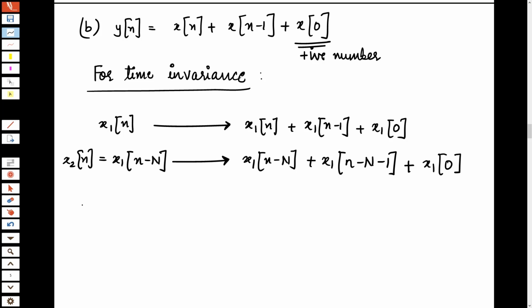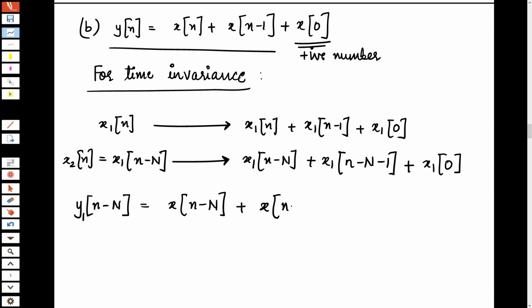right? But at the same time, if you try to write y1[n-N], what would that be? Replace n with n-N everywhere. You would have got x[n-N] + x[n-N-1] plus this also needs to be shifted, right?